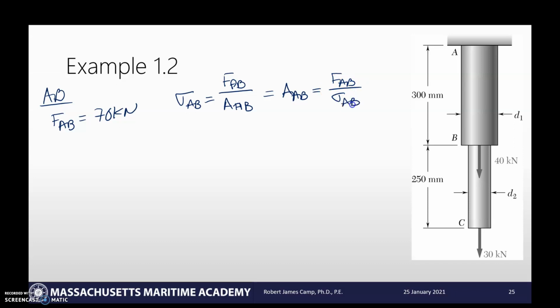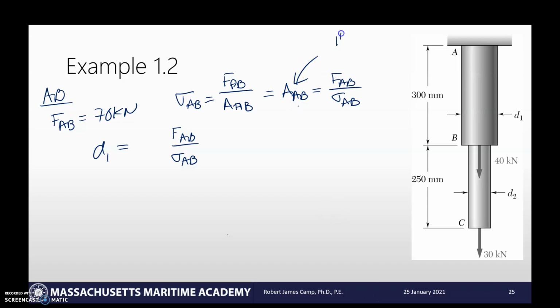And I want to bring that down even further, so I know that my area is pi over 4 d squared. Let's write this out a little bit more. So D1, we still have FAB over stress AB.